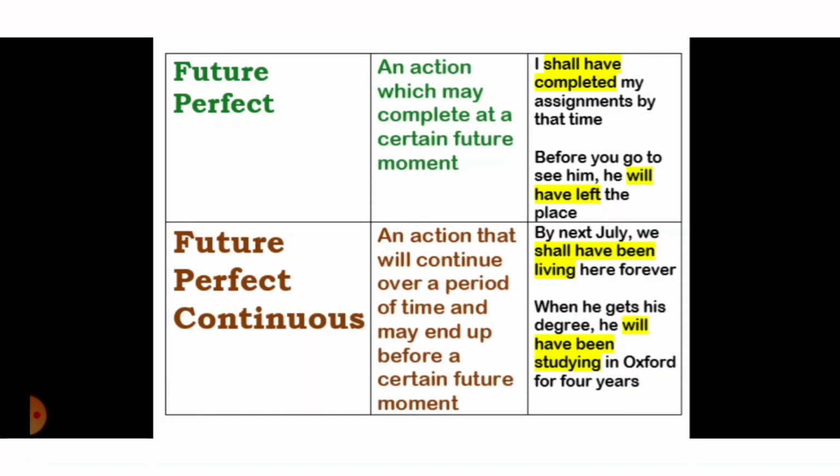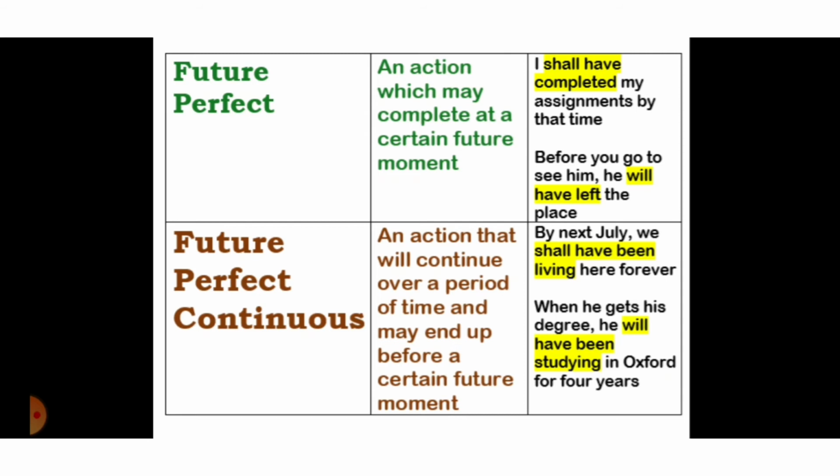Next, now comes future perfect. What does it mean? It means an action which may complete at a certain future moment. Now about perfect tense I have already explained in my previous videos. You just go and check what is perfect tense, what is past perfect, what is present perfect. There you will get all the information regarding perfect tense.